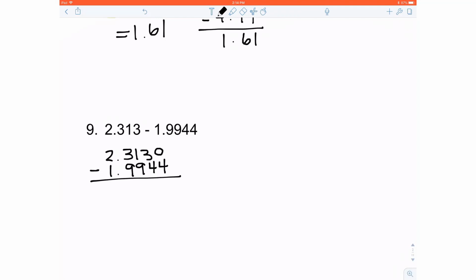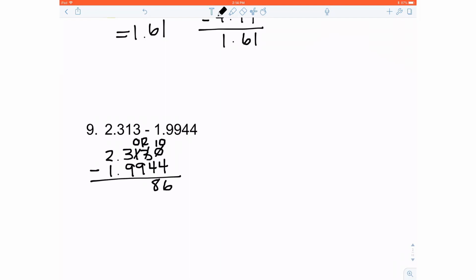So we can't do 0 minus 4 because the 4 is too big, which means we're going to borrow from our neighbor, and we're going to add 10 to this, so this becomes 10. 10 minus 4 is 6. 2 minus 4, we can't do it because the 4 is too big, so once again, we're going to borrow. This becomes 0. This becomes 12. 12 minus 4 is 8.